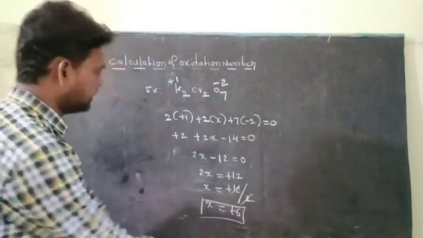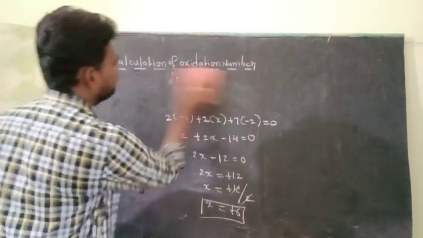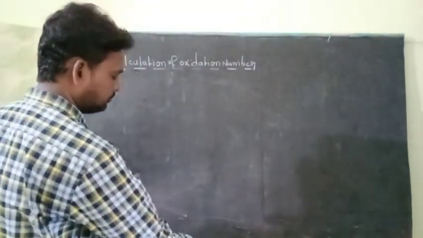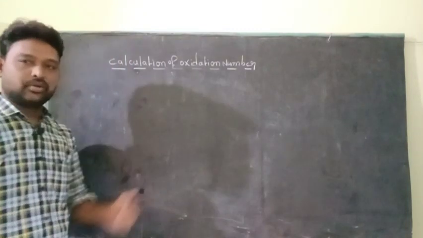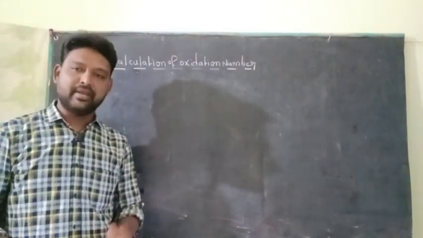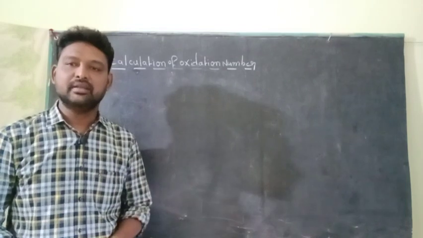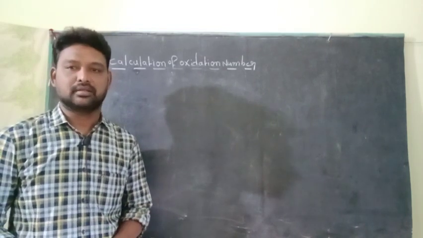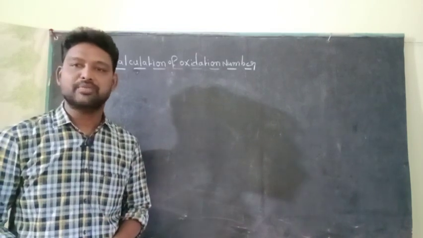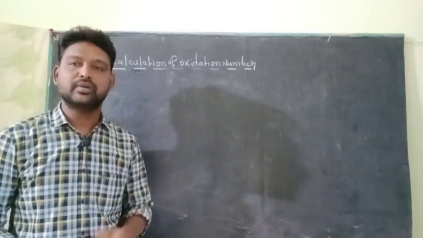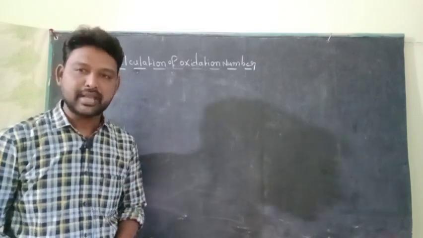Okay. So next, another method. Another very important method is this. Given any compound ion, how to calculate the oxidation number?